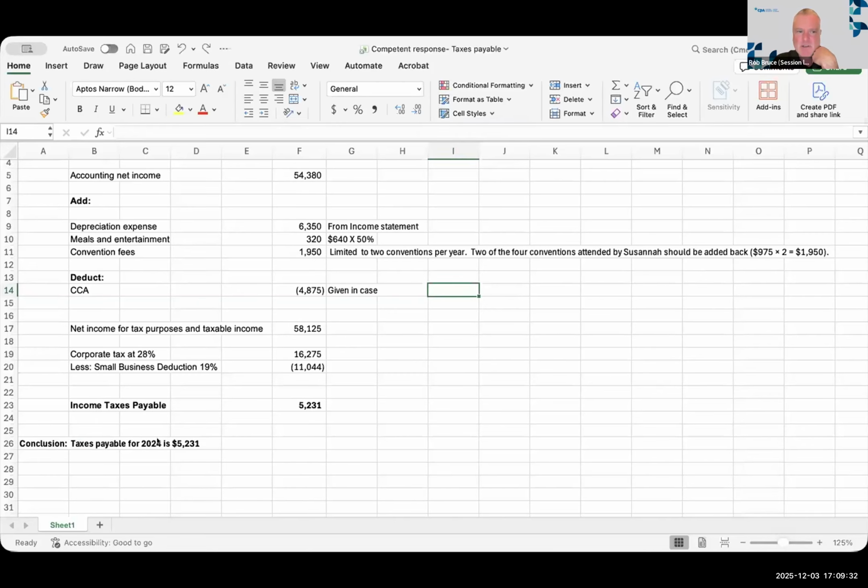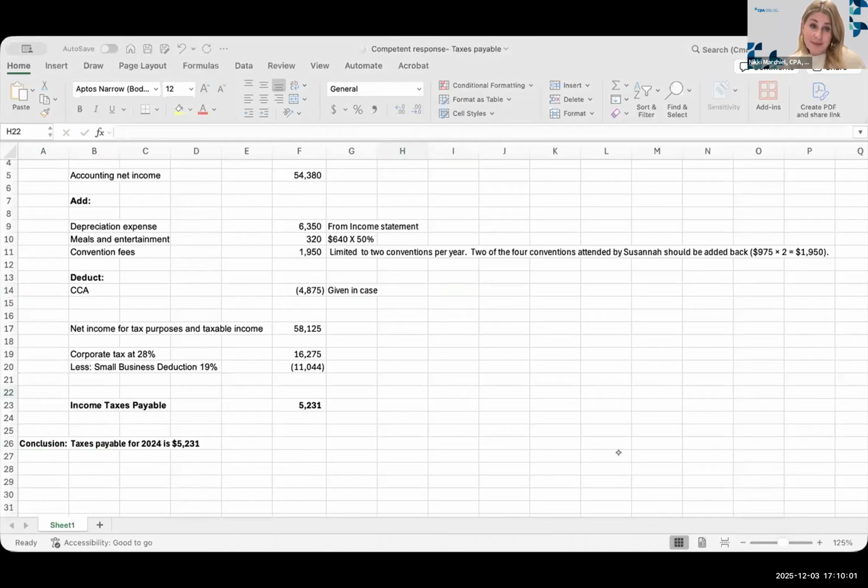Or do I need to write a conclusion? Yes, you should always have a conclusion for your quant, because sometimes the markers can't figure out what your final number is. So that just reinforces to the marker, hey, I'm done, here's my result. Do you need to write a purpose to achieve competent? It does depend on the assessment opportunity. Lots of times the difference between RC and C comes down to a conclusion.